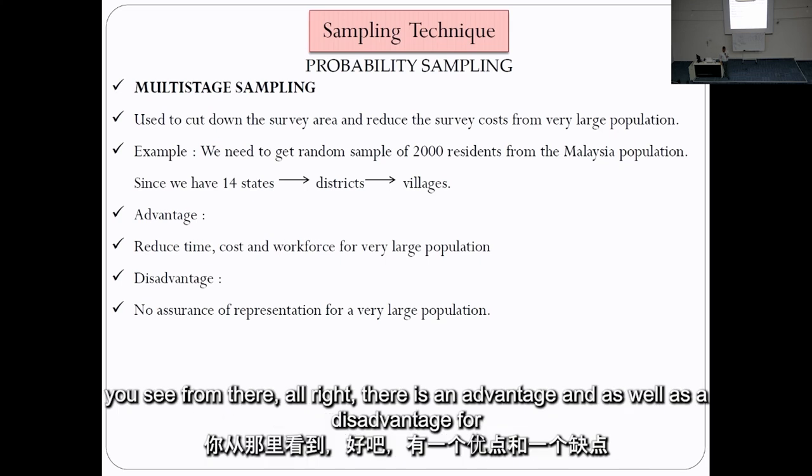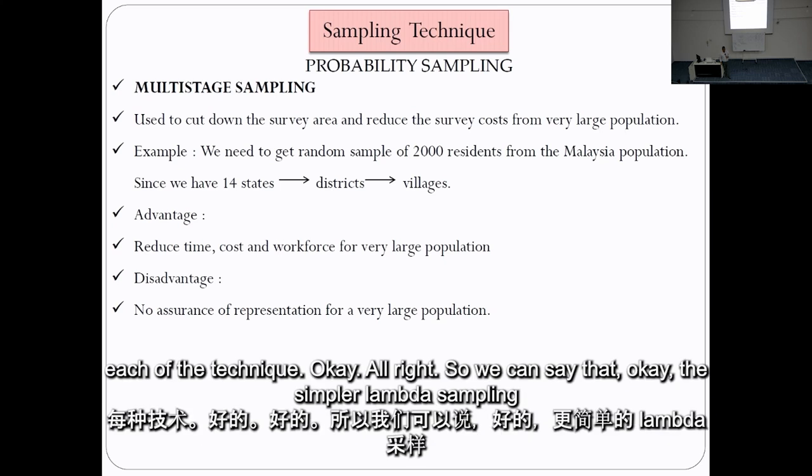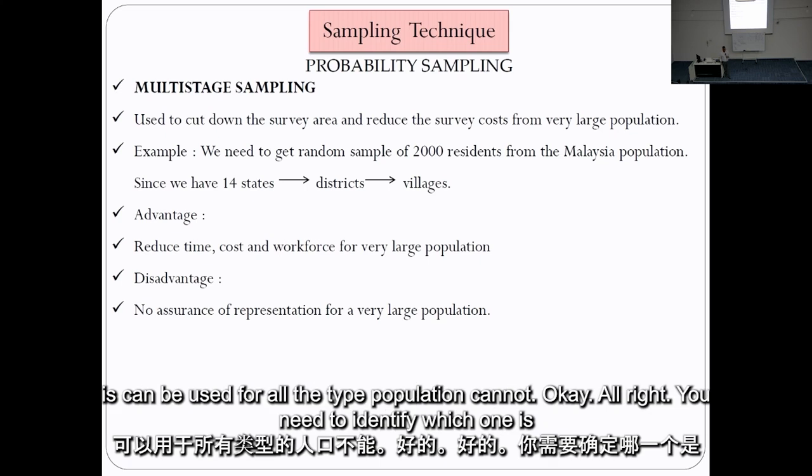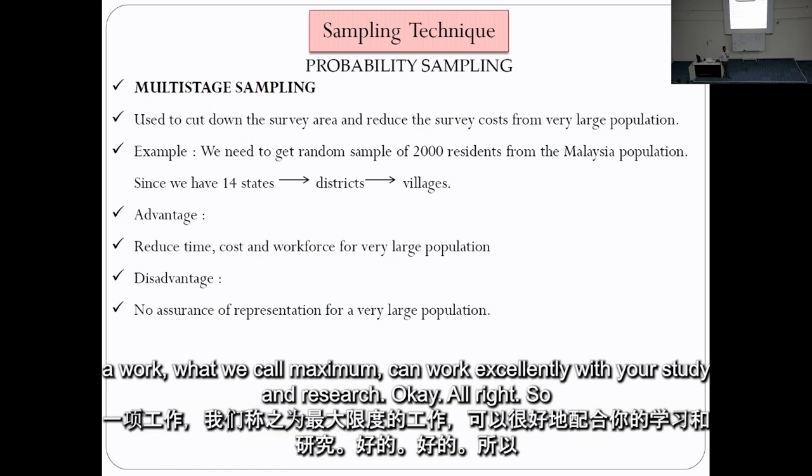Because you see from there, there are advantages as well as disadvantages for each technique. So we cannot say that simple random sampling can be used for all types of population, cannot. You need to identify which one works best and can work excellently with your study and research.